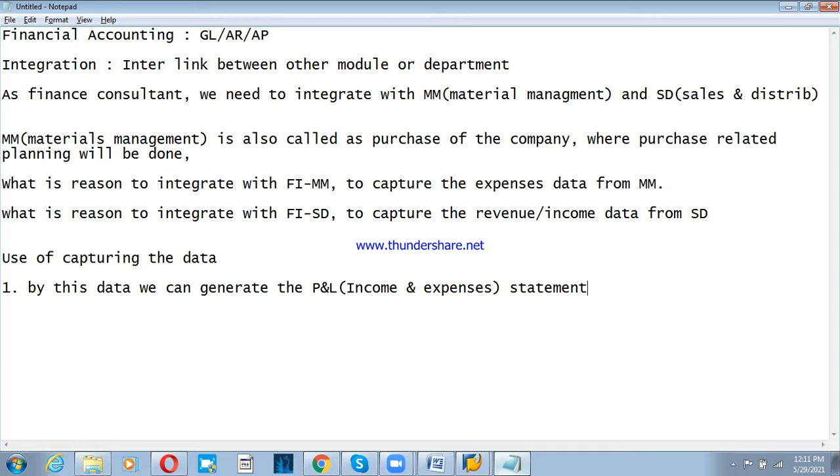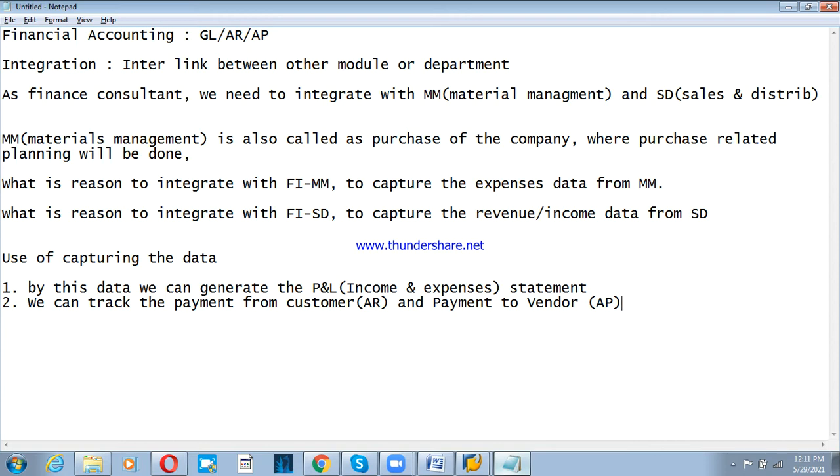And we can track the payment from customer, that is AR, and payment to vendor, that is AP. With the help of collecting data, we can track the payment of customer and vendor as well. So that is a major use of integration.